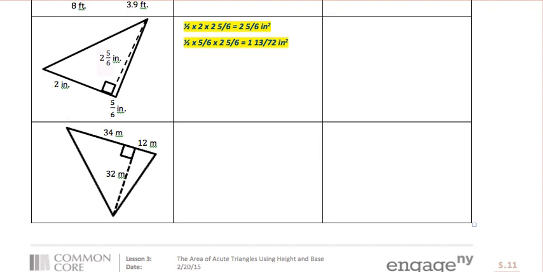And then if we add them together, we get 4 and 1/72 square inches.